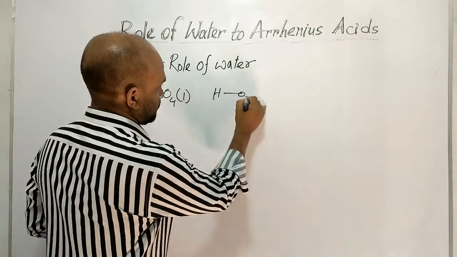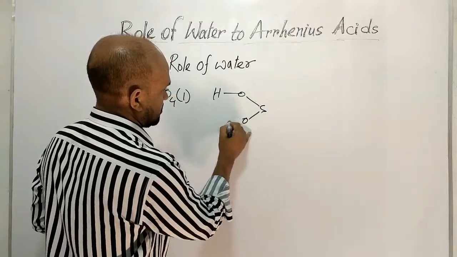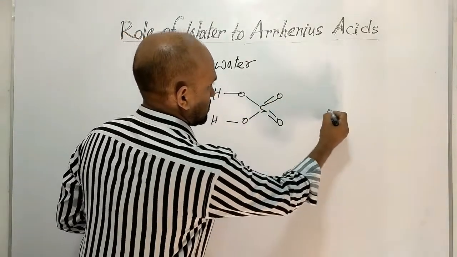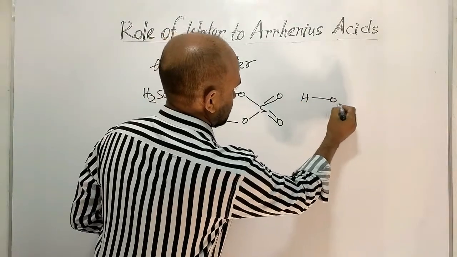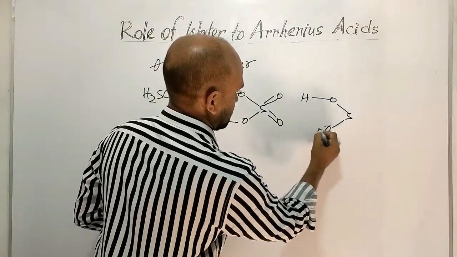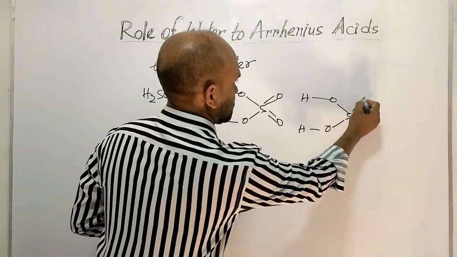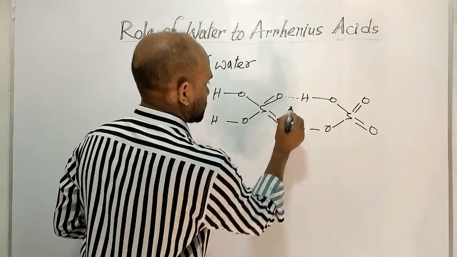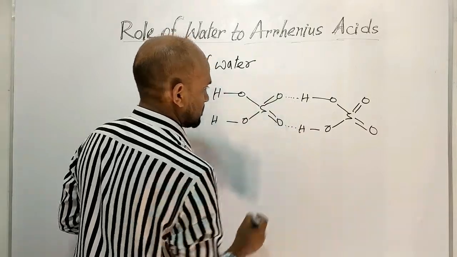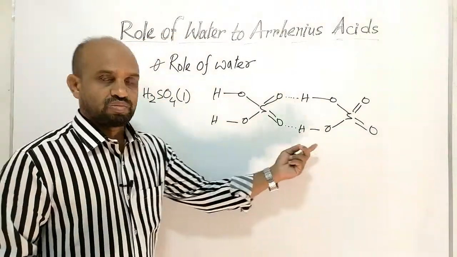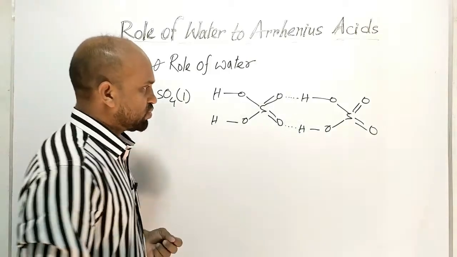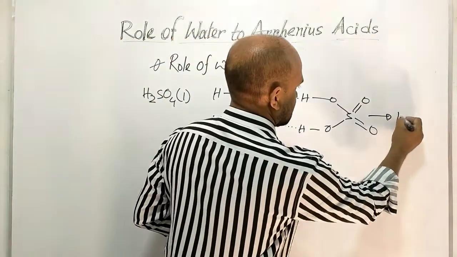In absence of water, let's see the existence of sulfuric acid. This is the structure formula of sulfuric acid. Another sulfuric acid molecule. A kind of attraction force, that is hydrogen bond, is created between two sulfuric acid molecules and no proton is created.